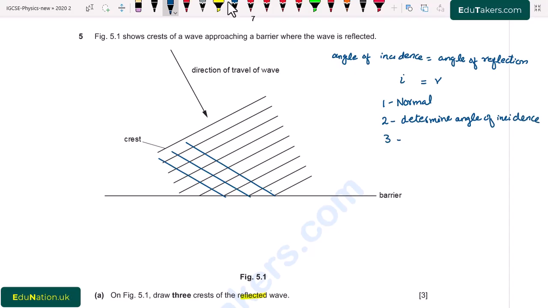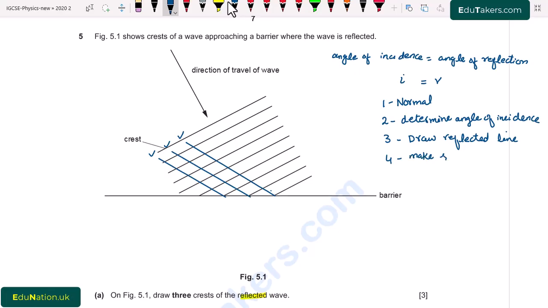Third step, draw a reflected line. In the fourth step, we have to make sure that the wavefronts are parallel to each other. It means that these are the wavefronts. They must be parallel to each other, and the gap between these wavefronts will be the same as well.